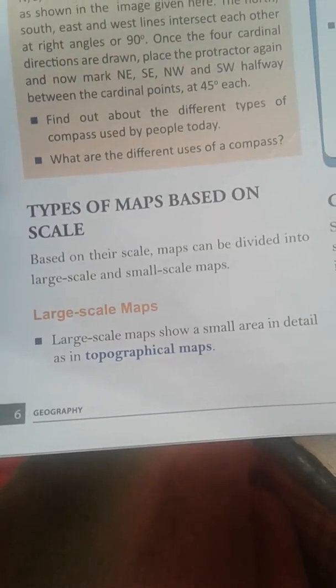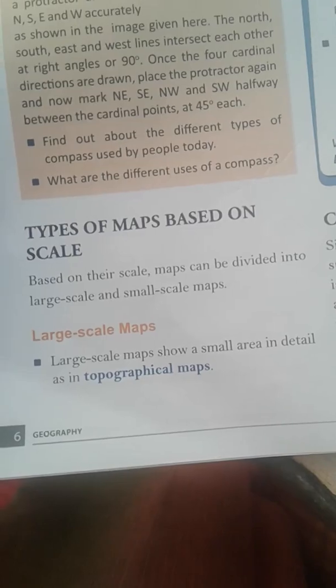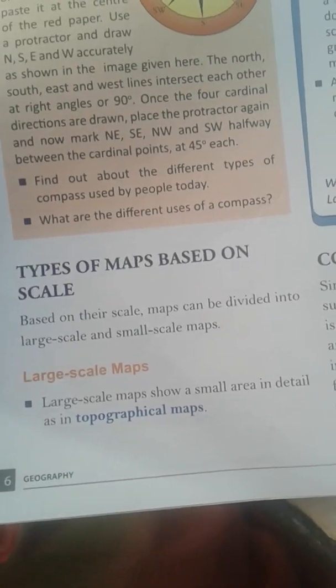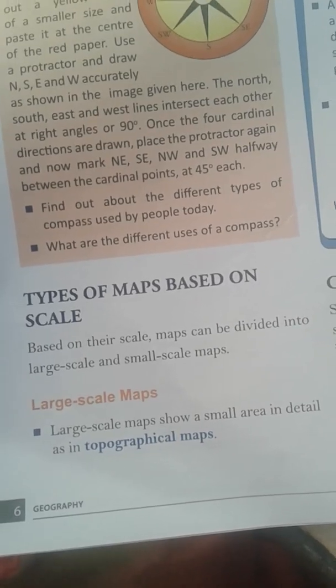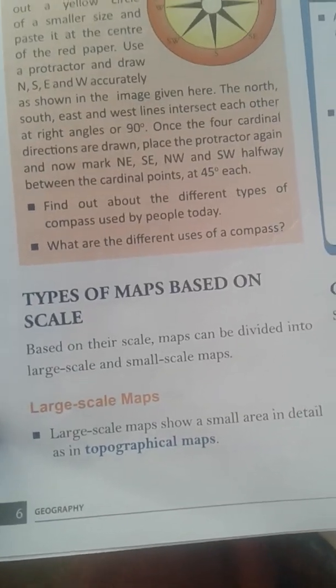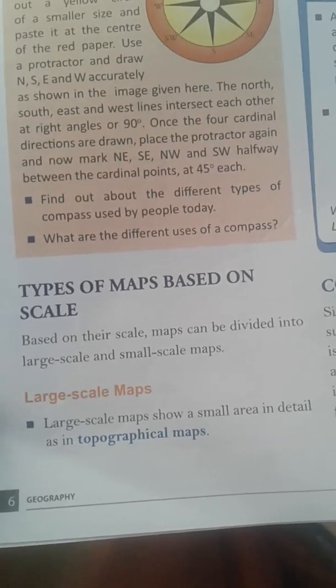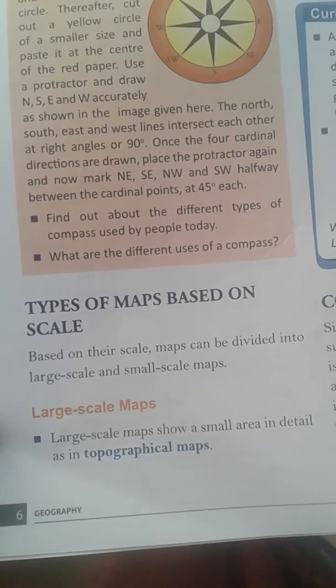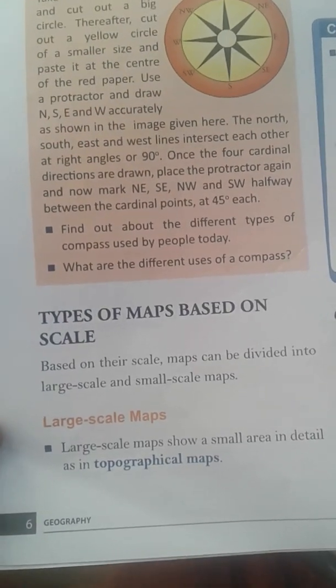Now, types of maps based on scales. There are two types of maps. First is large scale maps and second is small scale maps. What are large scale maps? They show a small area in detailed representation, like in topographical maps.